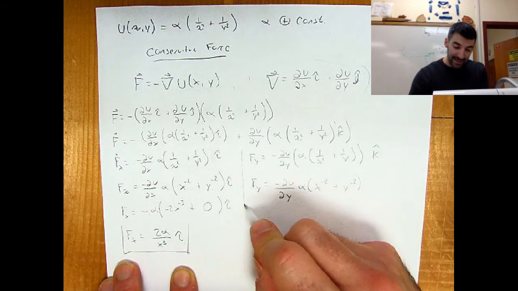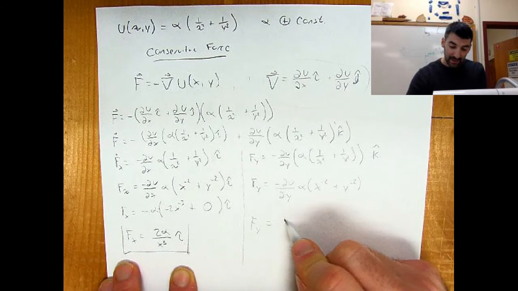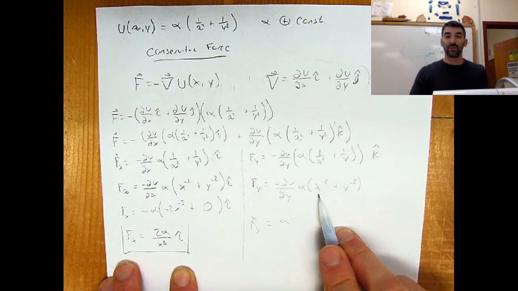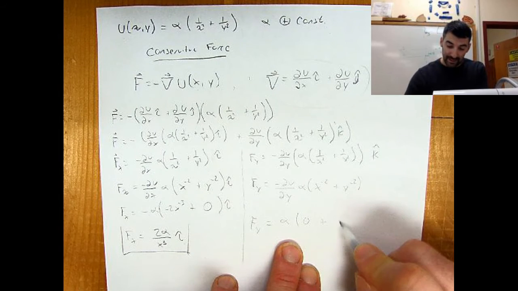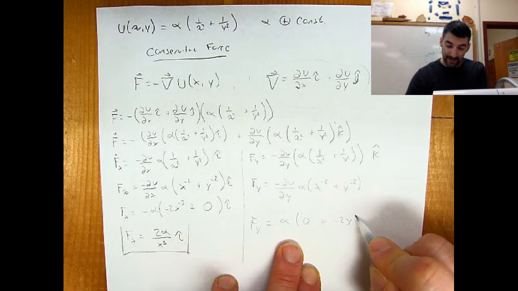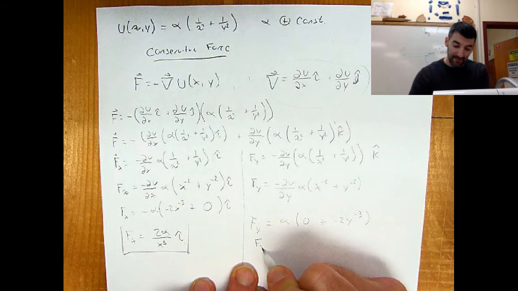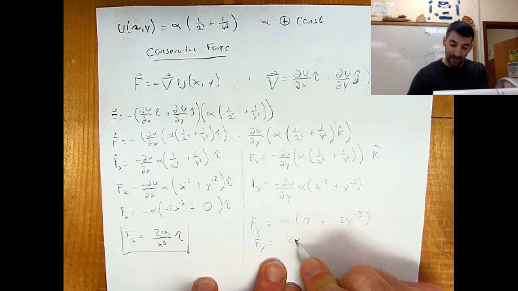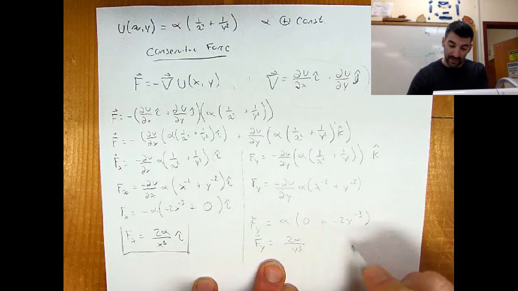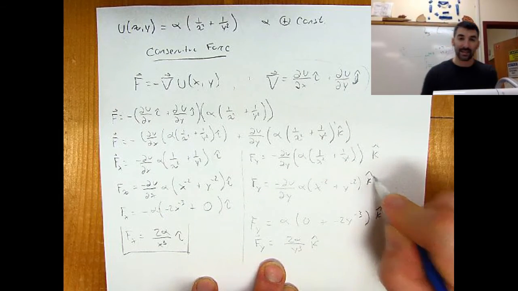And now when I take that derivative, f of y, my partial derivative is going to be alpha, the partial derivative of x to the negative 2, that's just 0, plus negative 2 y to the negative 3. That means my force in the y direction due to this change in potential energy is 2 alpha over y cubed in the k hat direction. Add my k hats back now.